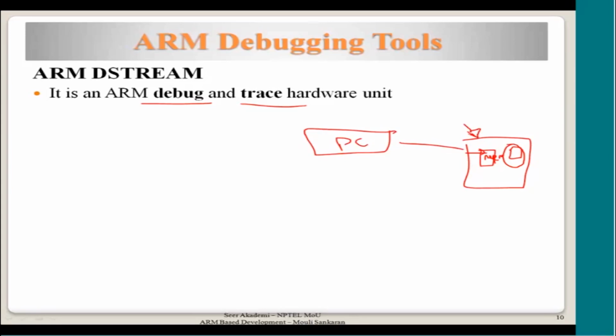Suppose the software is running in the hardware and you want to know, at a particular time when there is a crash or the software is failing and an exception is raised, what has happened or what has led to that particular crash.